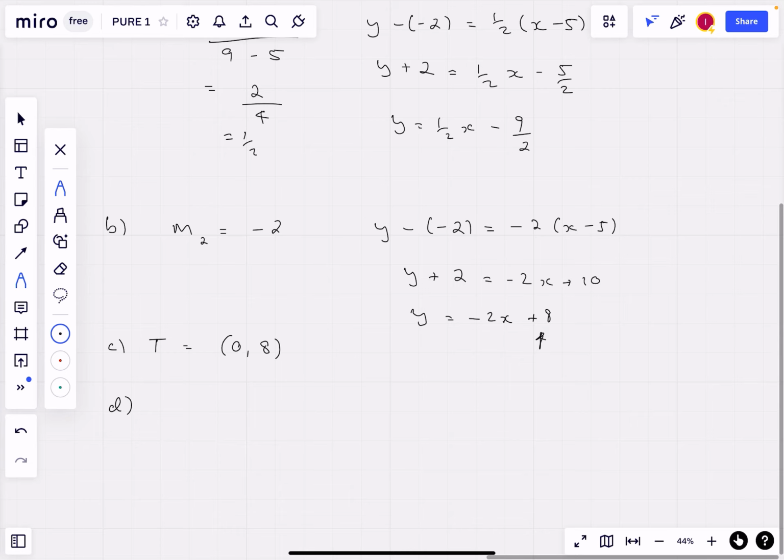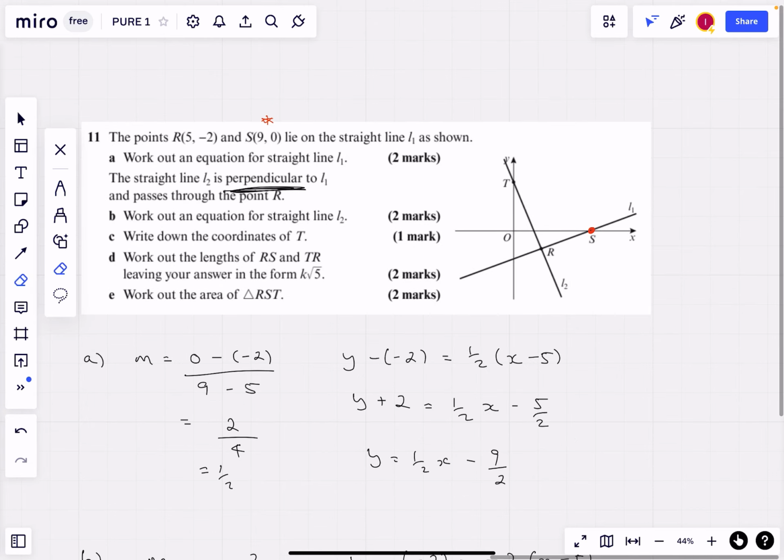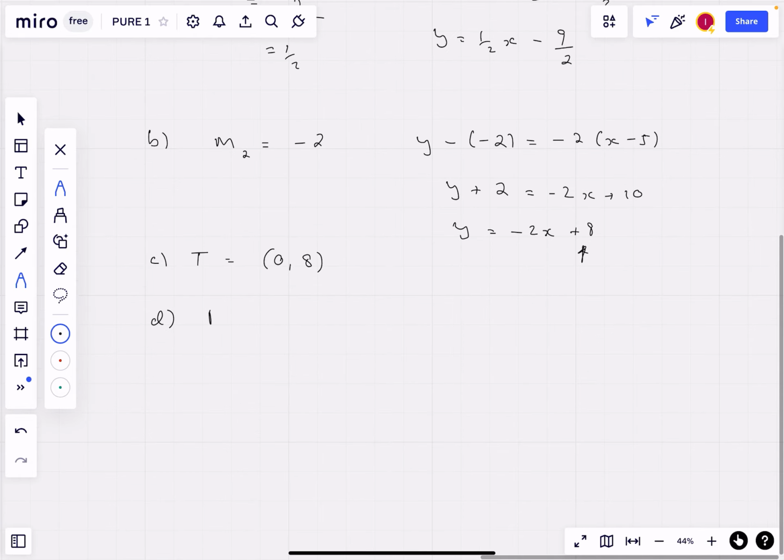Okay, part D. Work out the lengths of RS and TR, leaving your answer in the form k root 5. So it's going to be some sort of surd, and the number inside that surd is going to be 5. Okay, working with RS, we're going to use the equation: x2 minus x1 squared, so your change in x squared, plus y2 minus y1 squared, your change in y squared.